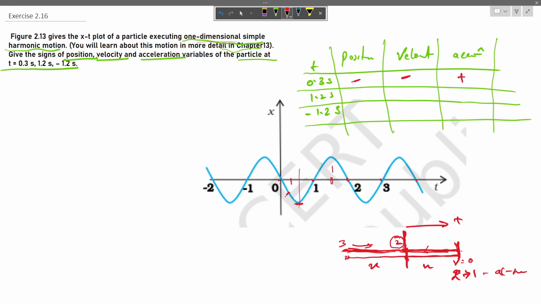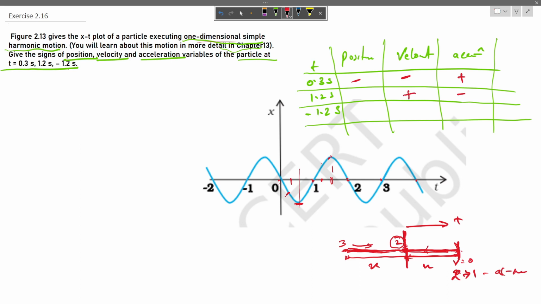Now let us consider 1.2 seconds. This point would be 1.5, so 1.2 would be here. Now the body is traveling from its equilibrium position to its extreme positive side, from point 2 to point 1. When traveling from 2 to 1, its acceleration would be in the negative direction, because it is decelerating, which leads to zero velocity at the extreme. So acceleration is negative at 1.2 seconds.